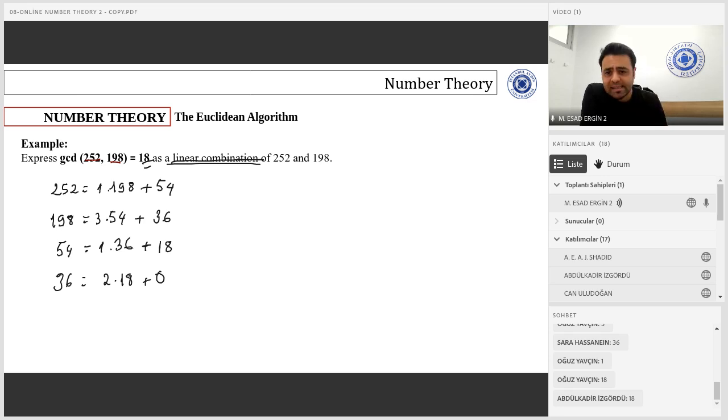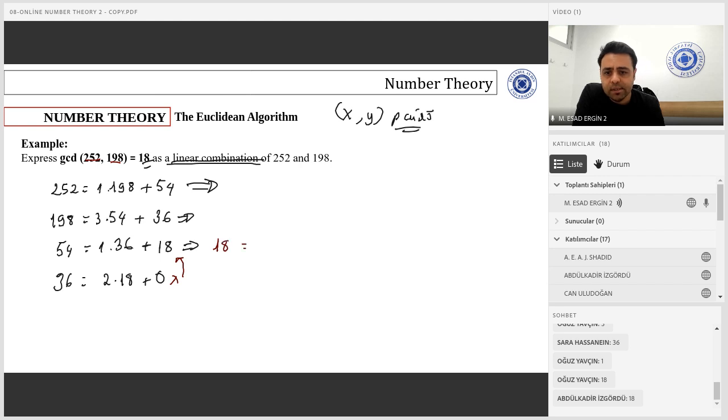At first we are going to see the linear combination. The linear combination means x and y pairs. In this case, we are going to start not with the last one, but the previous step here.